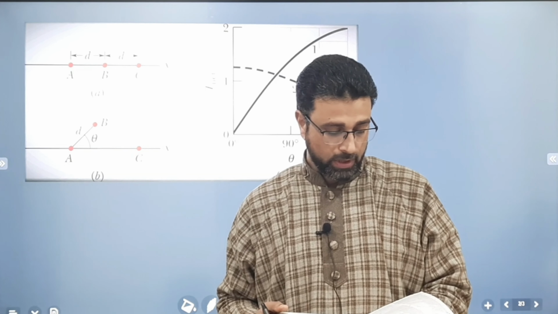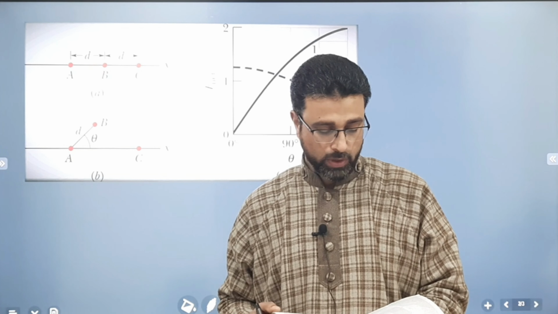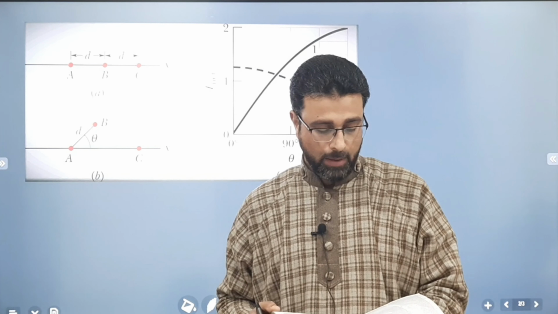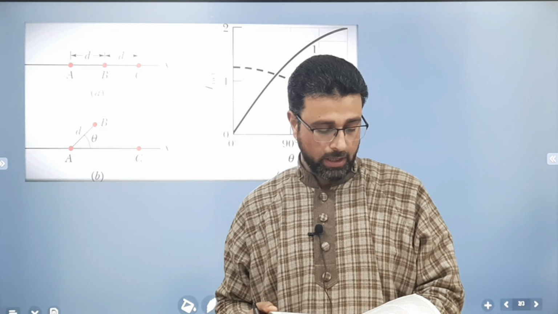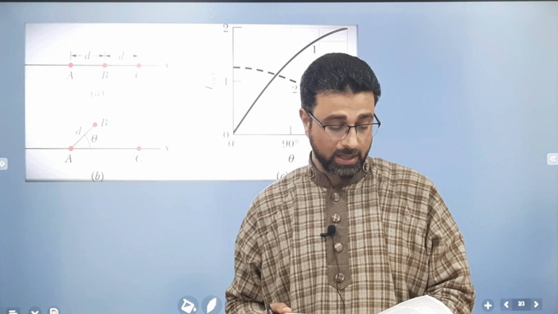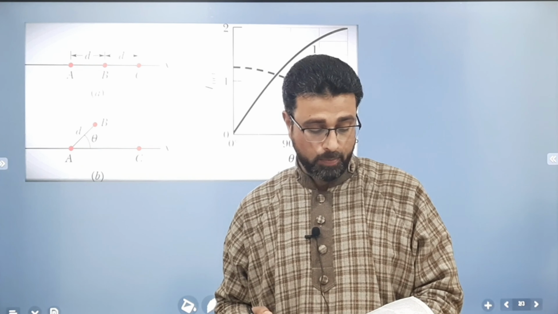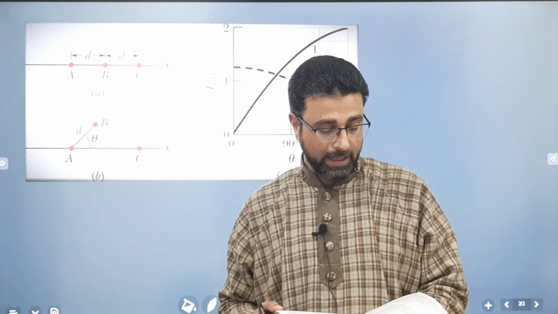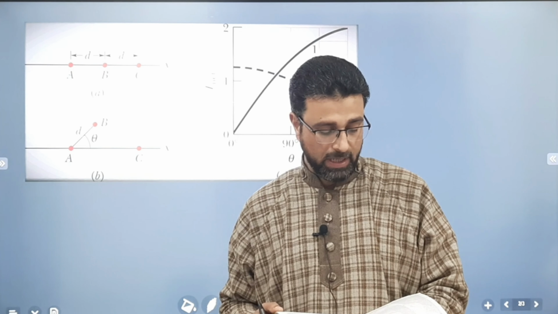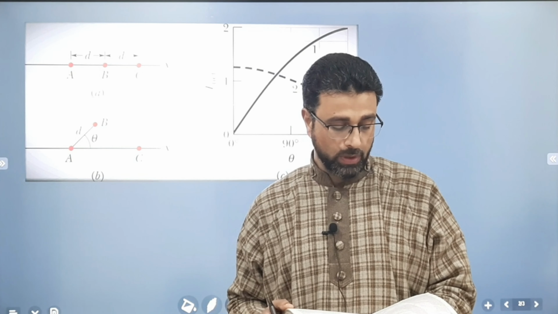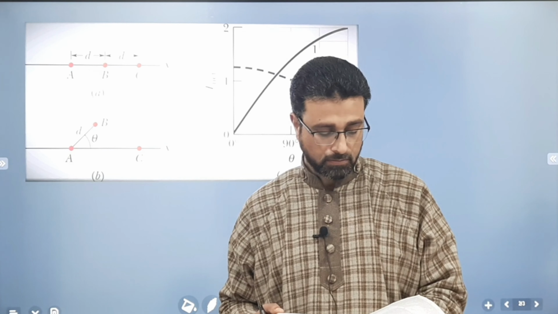I'll just read out the question. Figure A shows an arrangement of three charged particles separated by distance d. Particles A and C are fixed on the x-axis, but particle B can be moved along a circle centered on particle A. During the movement, a radial line between A and B makes an angle theta relative to the positive direction of the x-axis.